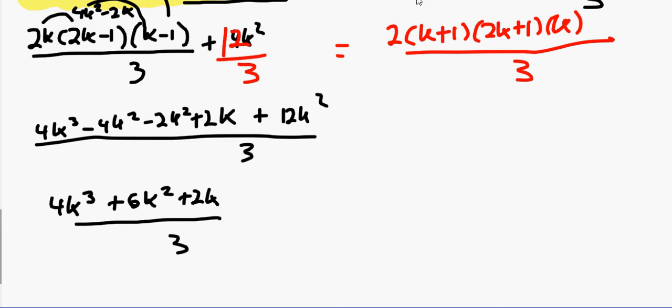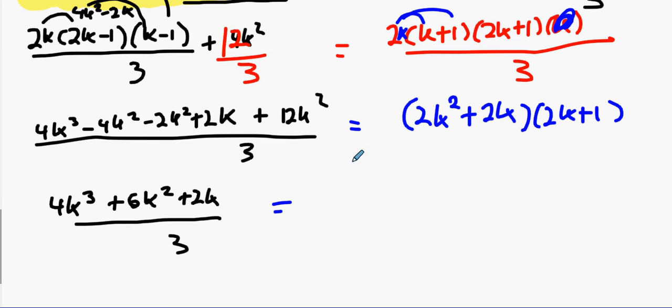Now I wonder if we could turn it back into this. Just multiply it out. Oh, actually let's make this faster. See that k at the back? I'll move it to the front. Then multiply 2k by k, and I get 2k squared plus 2k. And then I'm going to multiply that by 2k plus 1.